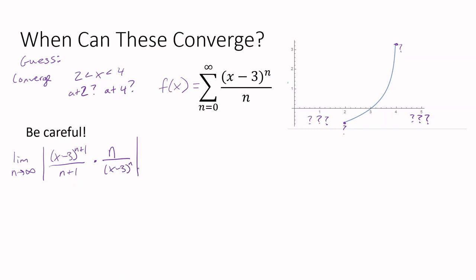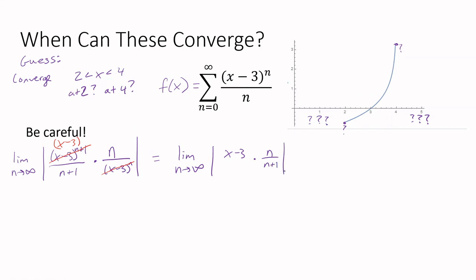All right, let's do some cancellation here. We see that there's a little cancellation with the x's. So I cancel this, and I end up with just x minus 3 on the top, one copy of it. So that's the limit as n goes to infinity of x minus 3 times n over n plus 1.